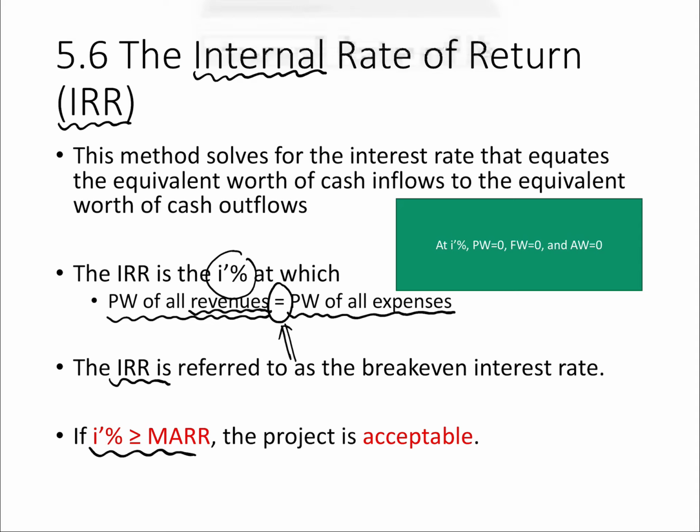The IRR is actually referred to as the break-even interest rate, right? Because you're making this equation happen, and when it happens, you just make an even case. You don't gain money, you don't lose money. You just keep your cost recovered, barely recovered.